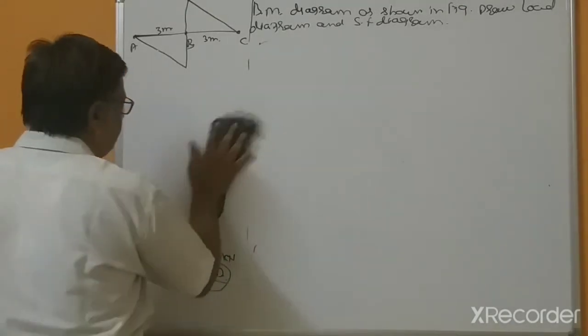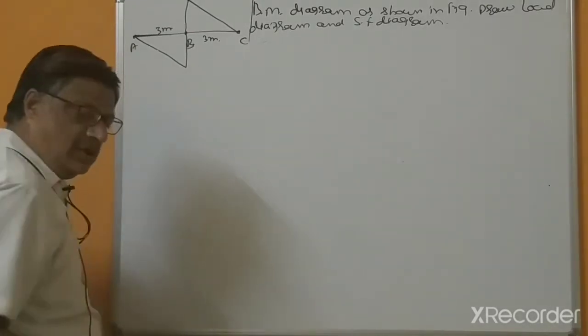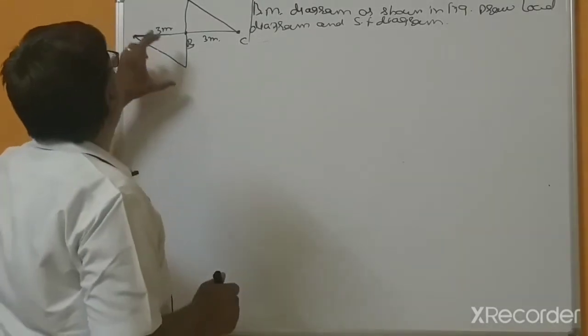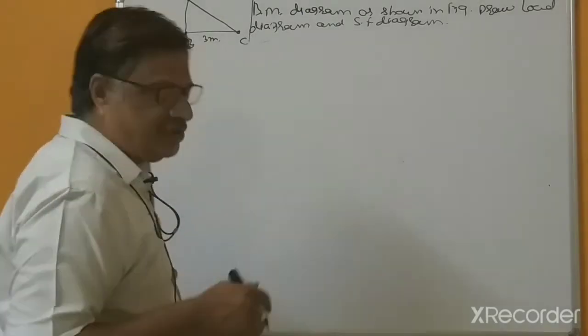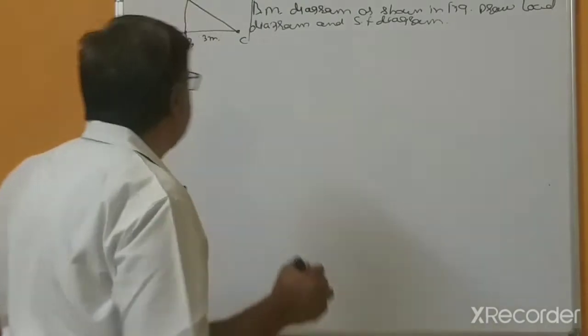So in this case, because the bending moment at B point changes, the intensity given is 6 kilonewton meter, this is 6 kilonewton meter, and this is also 6 kilonewton meter.